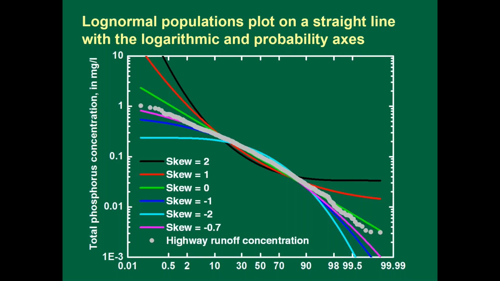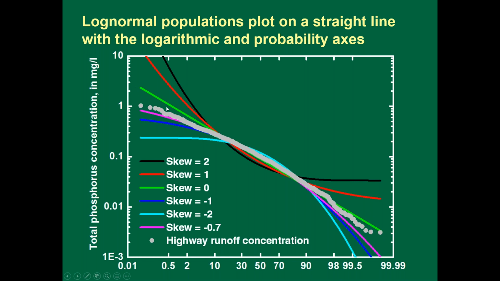The vertical axis shows the total phosphorus concentration on the log scale, and that's back in milligrams per liter. The horizontal axis is again one of those probability plots showing the risk for exceeding a given highway runoff value. The theoretical log normal distribution, so that's with a skew of 0, is this green line.